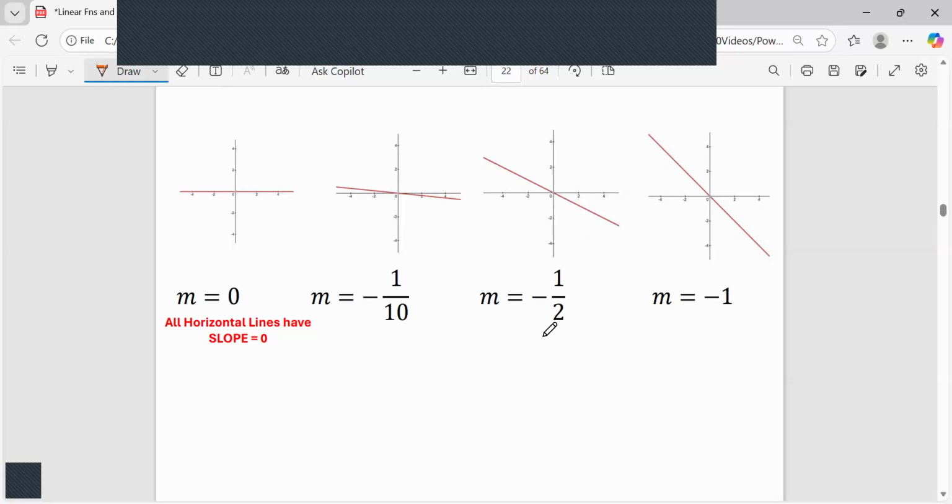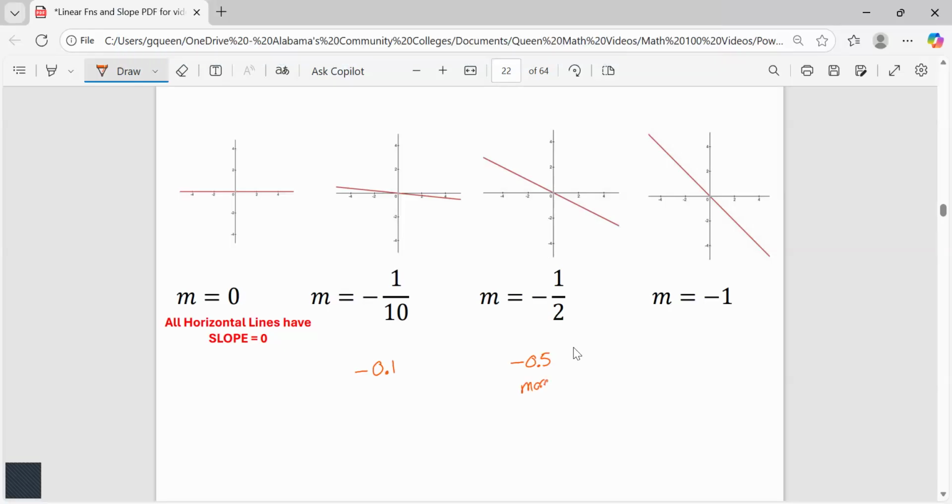This is negative 1/2. So think about it in decimal form. This would be -0.1. This would be -0.5. This is more negative. It has a larger negative number. And then the last one is even more steep in the negative direction, more steep downhill, has a larger negative number still. Okay. So the steeper you go downhill, the larger the negative number is.